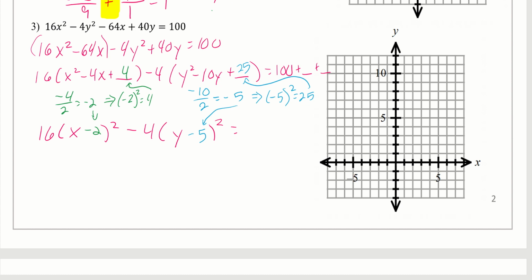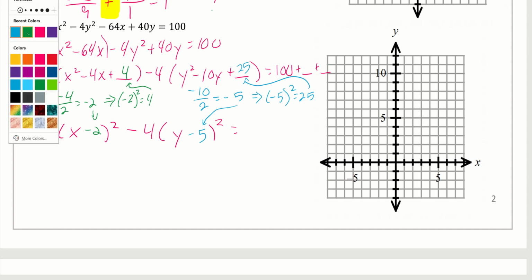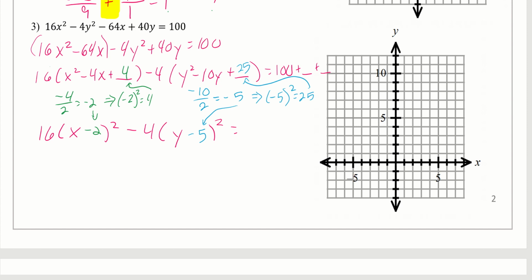Okay, so now the last part, this is one of the trickier parts of these problems. Whatever we added to the left, we added to the right. So we might be thinking, okay, I did 4 and 25, perfect, I'm done. But the tricky part is whenever you take out a GCF, you have to redistribute it back in. So what we actually added on the left-hand side, for this value, was a total of 64.